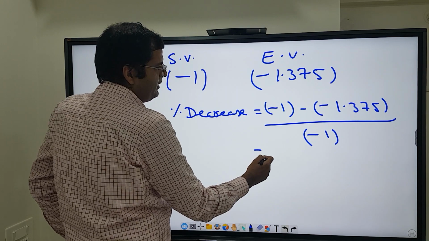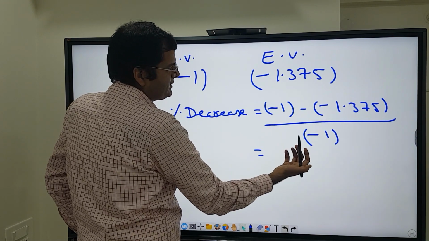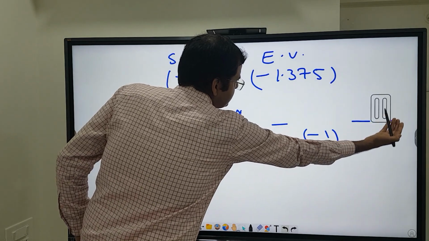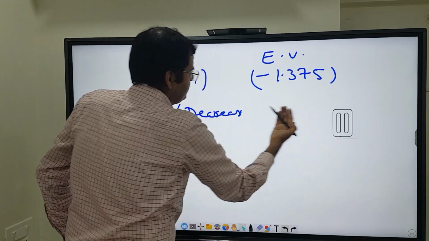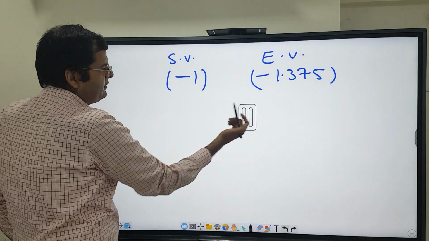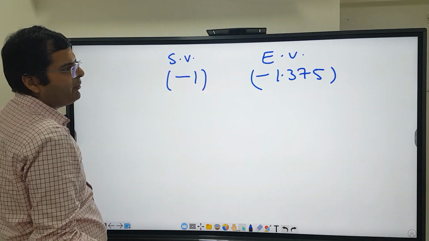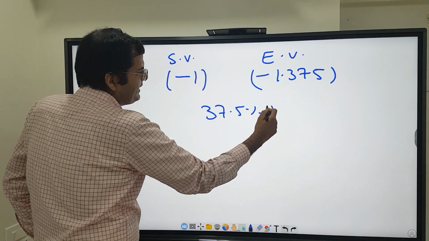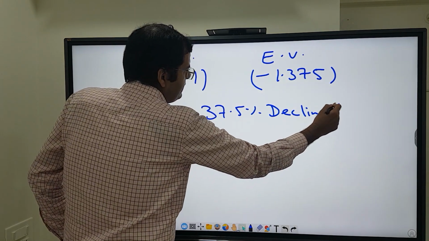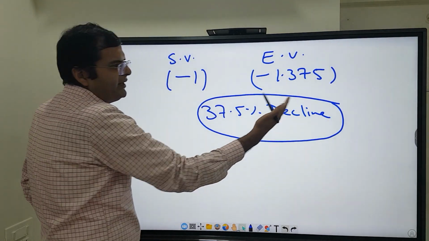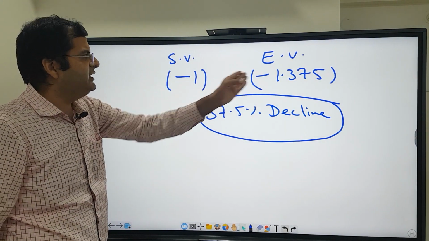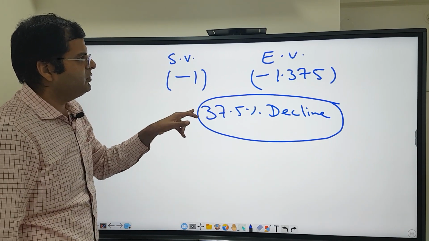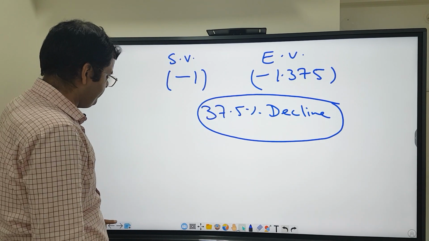Rather than doing all these things, from minus 1 if you go to minus 1.375, basically there is a 37.5% decline that has happened. You could have directly stated it: from 1 you are going to 1.375 in negative terms. So the decline is 37.5%.